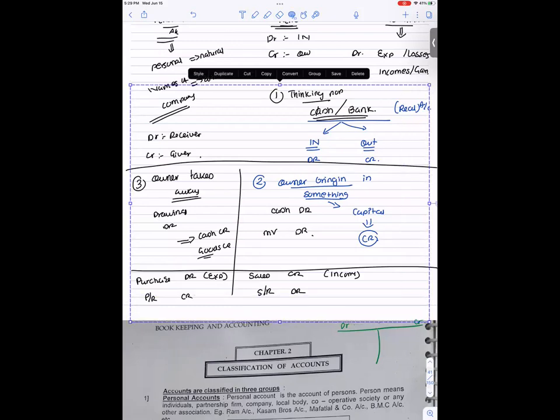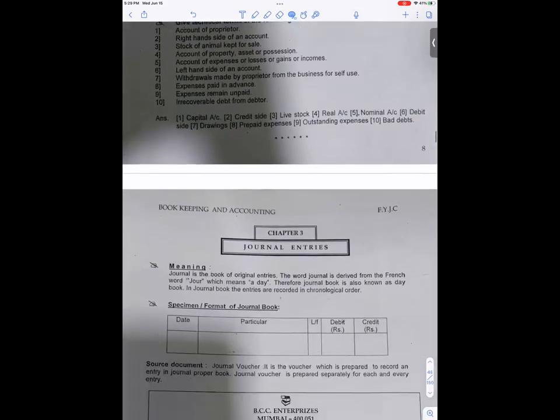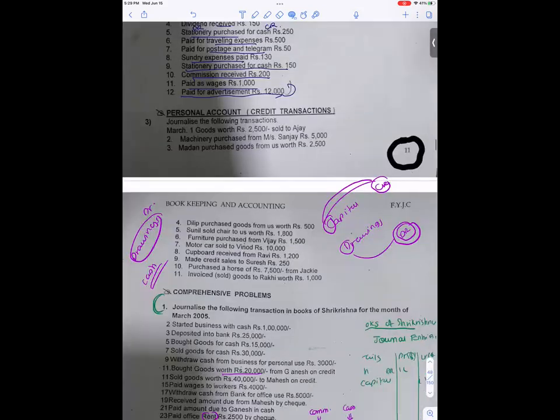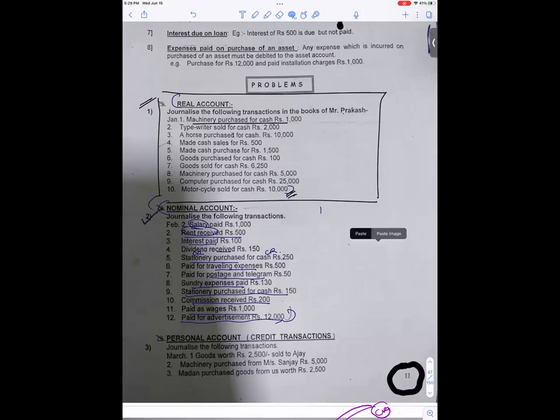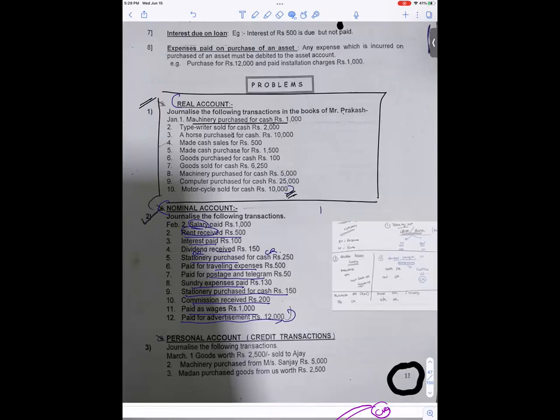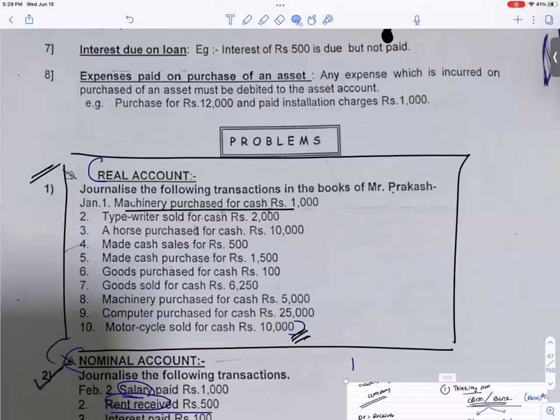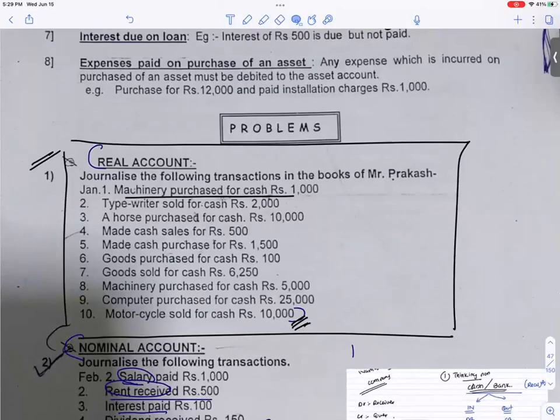First, you will always think from which point of view? Cash or bank. If it is coming in, then debit. If it is going out, then credit. Read the first entry and tell me the answers.